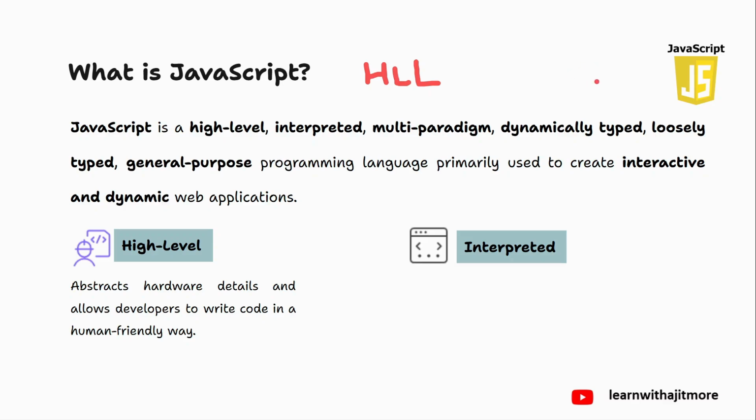CPU does the execution. Okay. So the CPU understands its own native language, that is machine level, isn't it? Zeros and ones. It's called a binary language or the machine's native language.